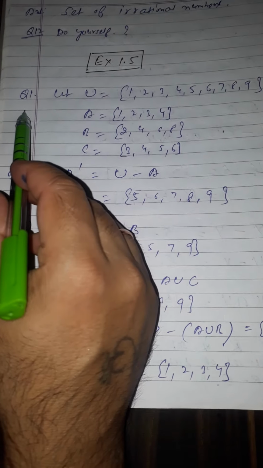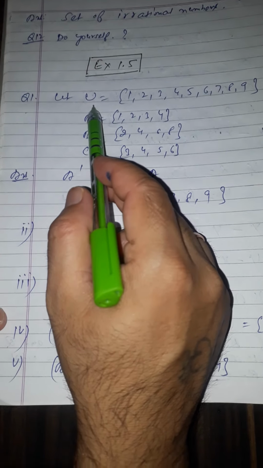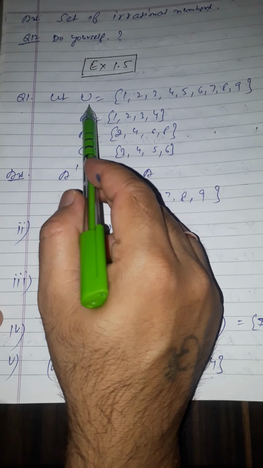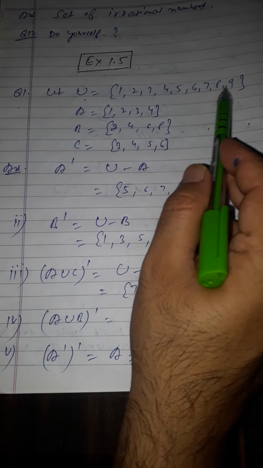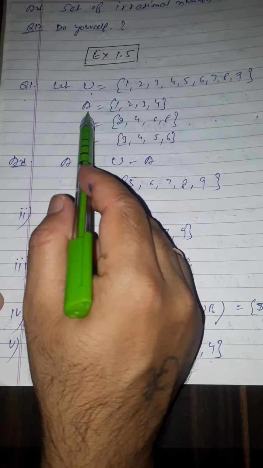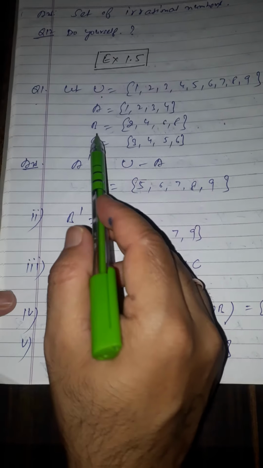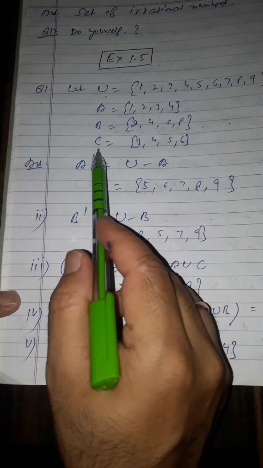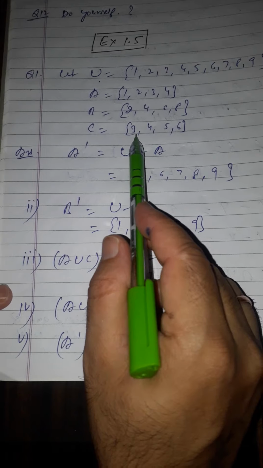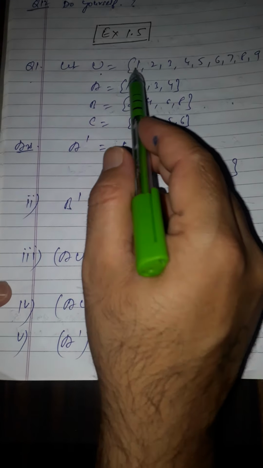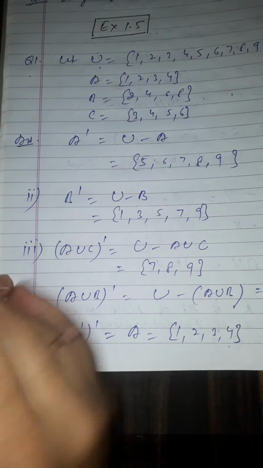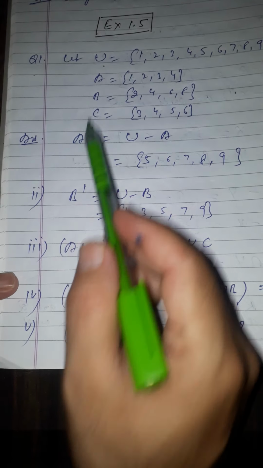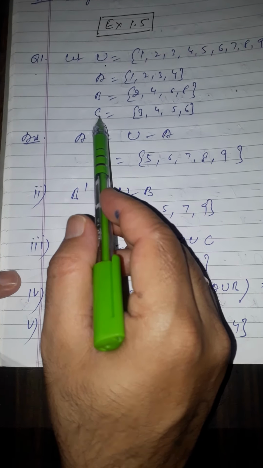The first question: let U represent the universal set, U equal to 1 2 3 4 5 6 7 8 9, set A equal to 1 2 3 4, set B is 2 4 6 8, and C is equal to 3 4 5 6. Now, students, one by one we will find the complement of A, then the complement of B, and the complement of C for this question.